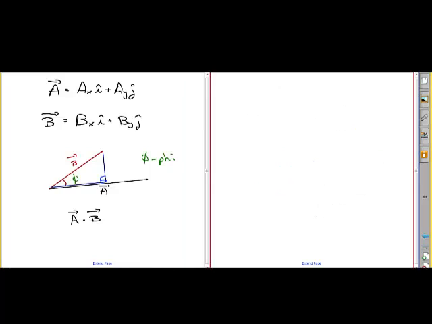So that's one case. Let's look at another case just to show you how it works out. Let's say your 2 vectors look like this. Let's say vector A goes this way, and vector B goes this way. Actually, I'll change the color here. Vector A is like this, and vector B, in this case, I'm going to make longer than vector A. So that's vector A, that's vector B. The angle between the 2 is still phi.